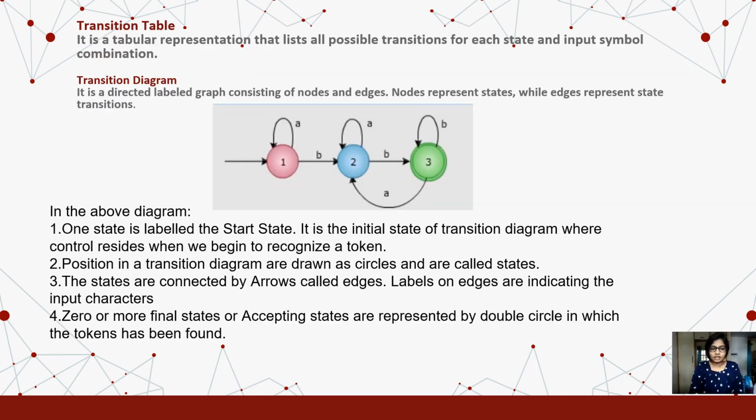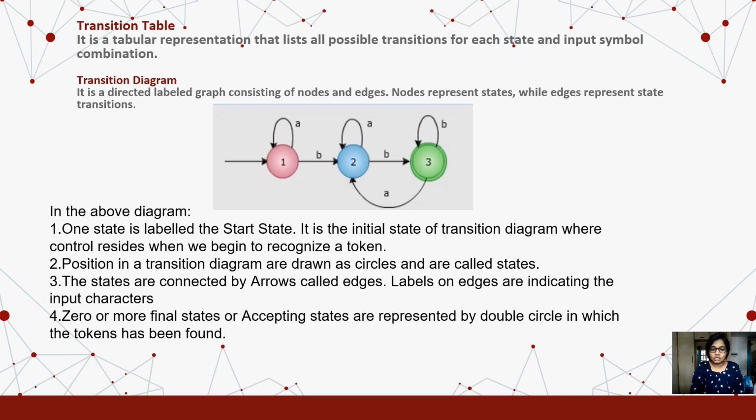Transition table: it is a tabular representation that lists all the possible transitions for each state and input symbol combination. Transition diagram: it is a labeled directed graph consisting of nodes and edges. Nodes represent the states while the edges represent the state transitions. In the above diagram, one state is labeled the start state.